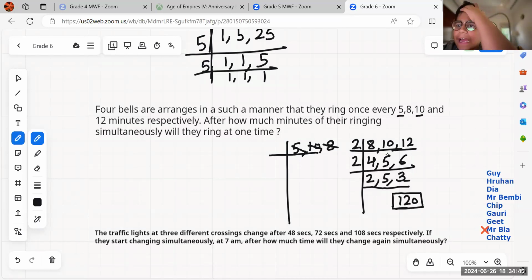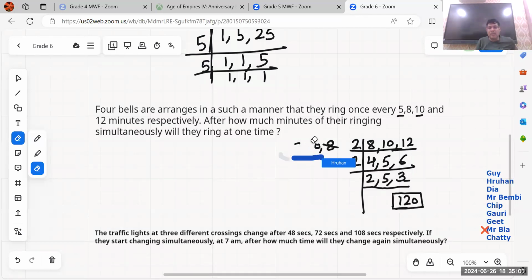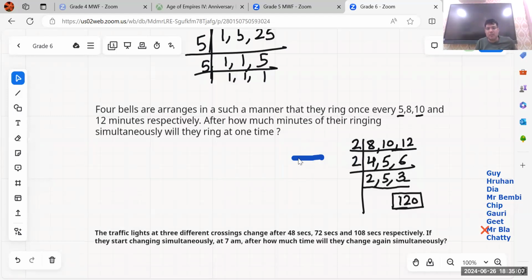Sir, but in ICSE you cancelled out 5, 10, and 8, and you still wrote 8 and 10. Where, beta? Where did I cancel out? Sir, over here. I was writing it to show you that it shouldn't be used, I wrote it extra.